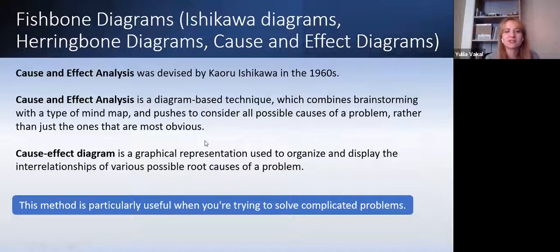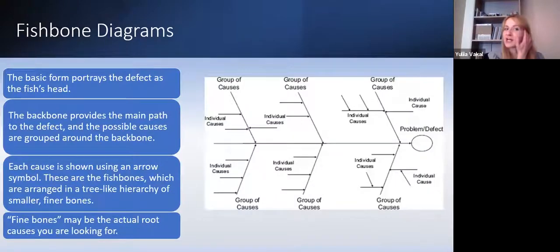In Pareto analysis it could be multiple causes, but in most cases we're trying to find one cause. Here in the fishbone diagram, we need to consider all causes and spend time on all causes. So this method is particularly useful when you're trying to solve complicated problems, because it's very formal. Okay, that's one of the examples.